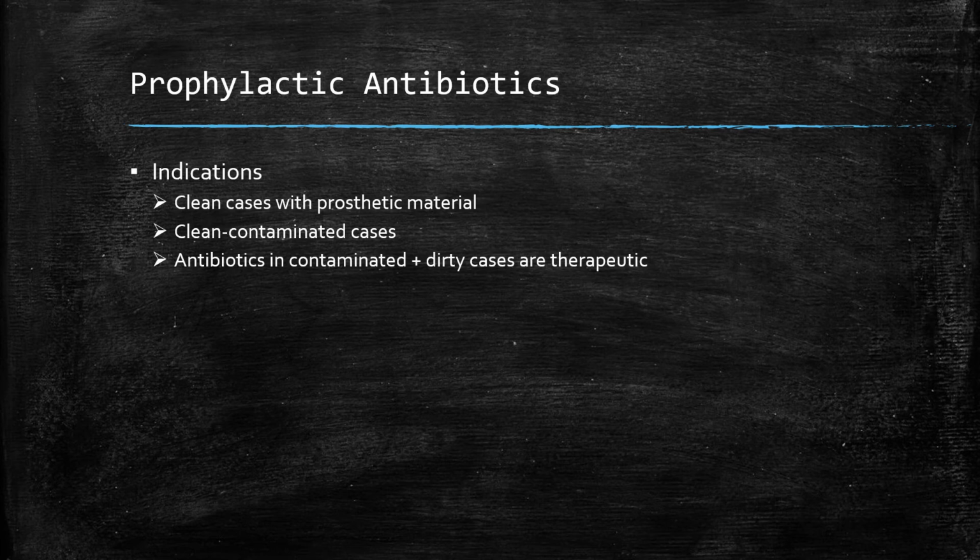Every clean contaminated case should have prophylactic antibiotics. Antibiotics are certainly used in contaminated and dirty cases, but in these types of surgeries, antibiotic usage is considered to be therapeutic and not prophylactic.